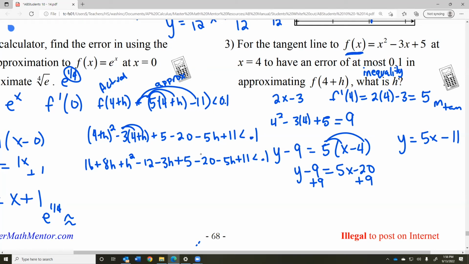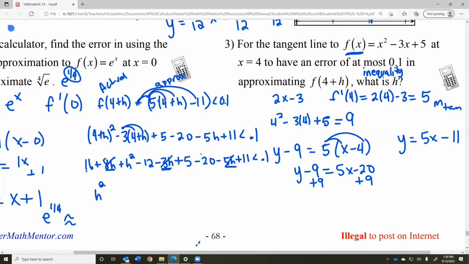Let's see. We can combine some like terms, and we end up with h squared is the only square term we have. We have an 8h, a negative 3h, and a negative 5h. Those actually cancel out.